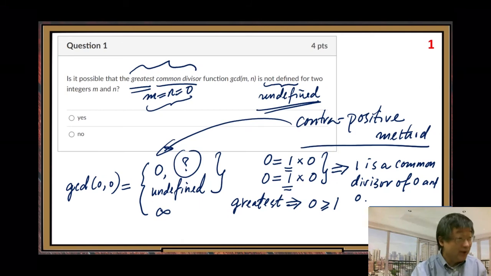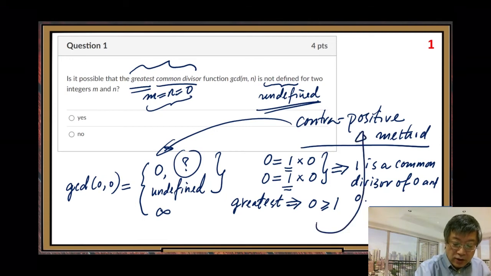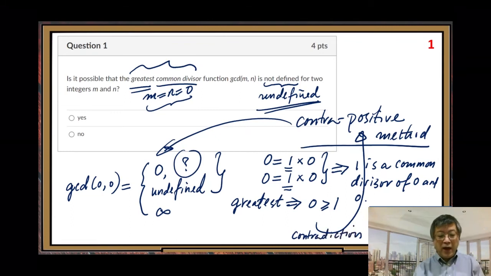That must be correct based on the definition. This causes a contradiction. Then, by the contrapositive method, the claim that GCD of 0 and 0 equals 0 is incorrect. We disprove it. That's the first case.